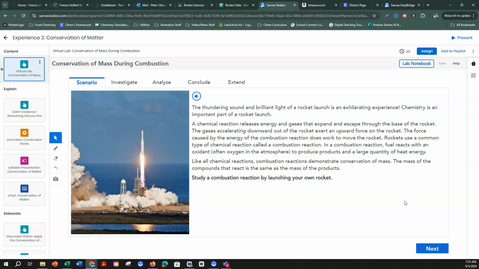In a combustion reaction, fuel reacts with an oxidant, often that's oxygen in the atmosphere, to produce products and a large quantity of heat energy. Like all chemical reactions, combustion reactions demonstrate conservation of mass. The mass of the compounds that react is the same as the mass of the products, meaning what's left over.